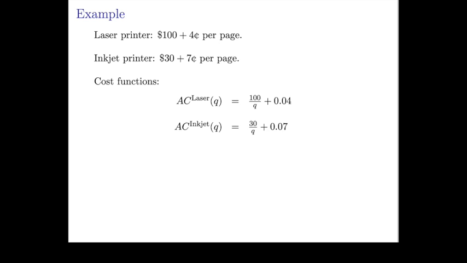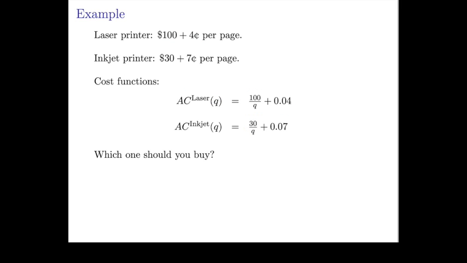So your average cost, if you use a laser printer, is 100 divided by Q plus 0.04. If you print Q pages, this is the cost per page if you use a laser printer. And if you use an inkjet printer, this is your cost per page: 30 over Q plus 0.07.